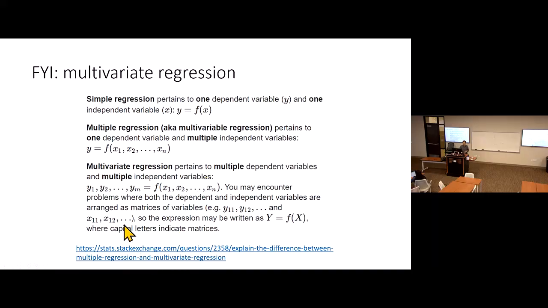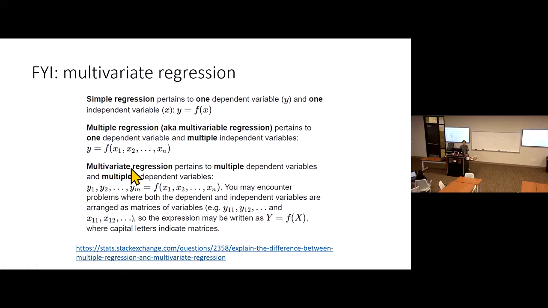So people discuss simple regression: single input, single output. Multiple regression, or multivariable regression, has more than one input: engine size, weight, length, everything, to predict the price. Single output.